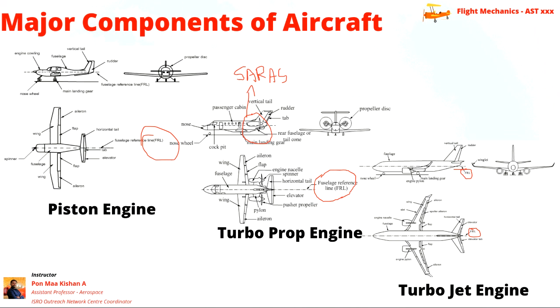It is a straight line starting from the nose to the tail, and that will be taken as the fuselage reference line, FRL. Most probably in airplane performance as well as in stability and control, we will be using this fuselage reference line. So make sure you know that in upcoming days also.